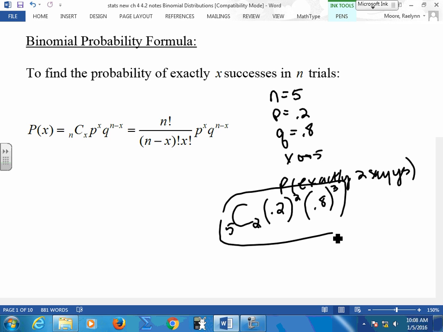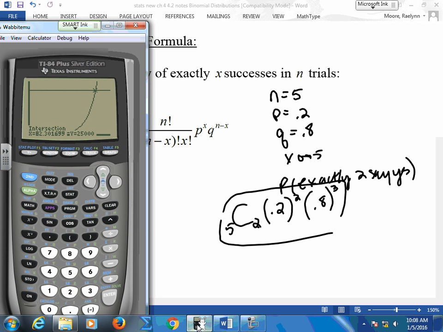And you can put the rest of this in your calculator. You don't have to break it apart like they did. Now, the nice part about this is we have a calculator step for this. If you go to second VARs, we're going to look for the word binomial.